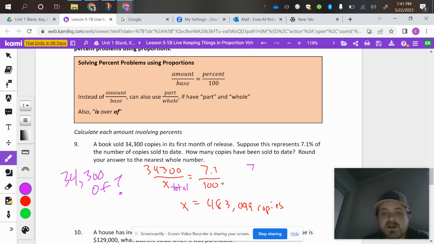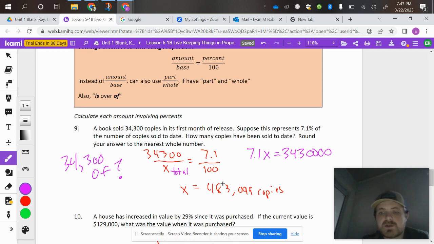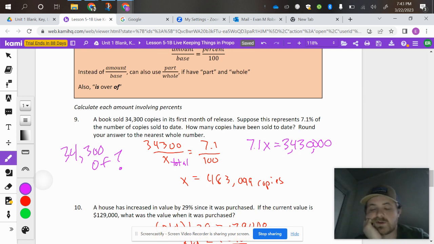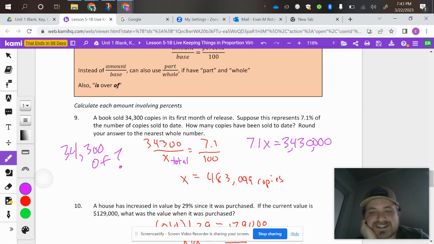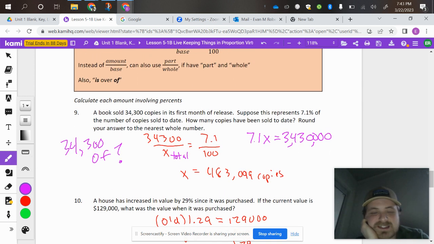So again, 7.1x equals 34,300 with 2 more zeros. And then you would have divided by 7.1 on both sides to get x equals 483,099 copies.